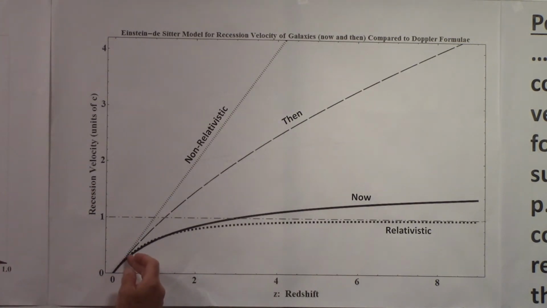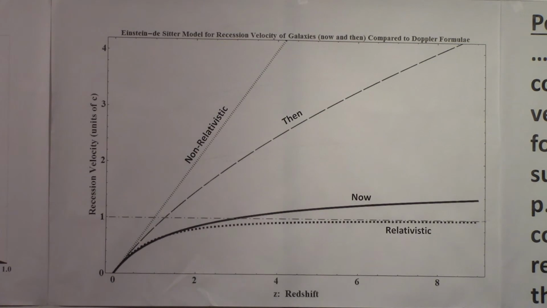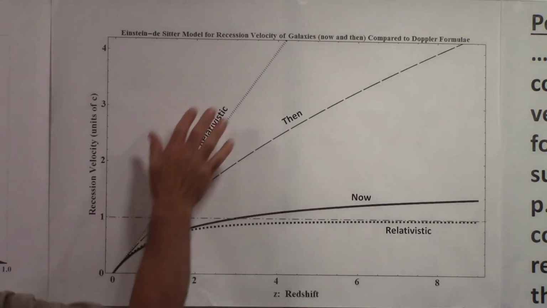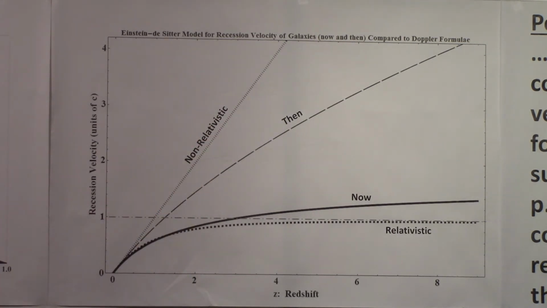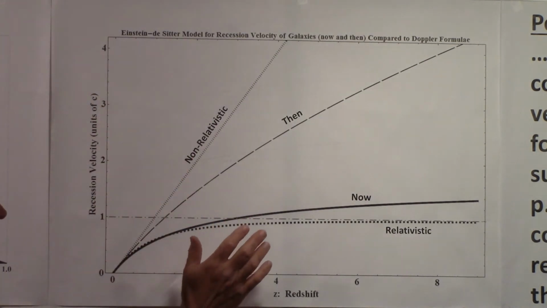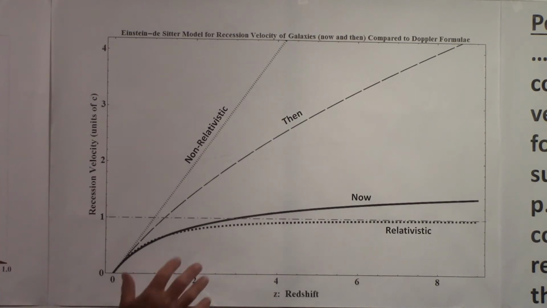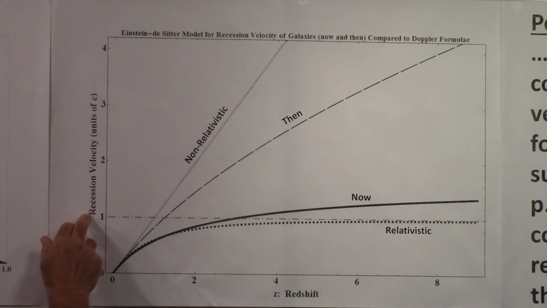The relativistic line never gets to that limit of c. The non-relativistic one really doesn't make any sense. They're all equal at very small redshift, but what is really interesting is that from the Einstein-de Sitter model, the now and then case for sufficiently large z actually allows for recessional velocities that exceed the speed of light, as you can see.